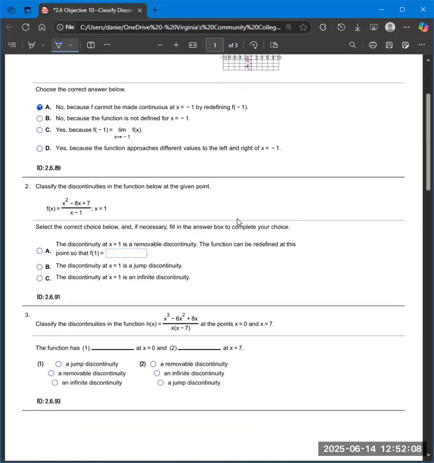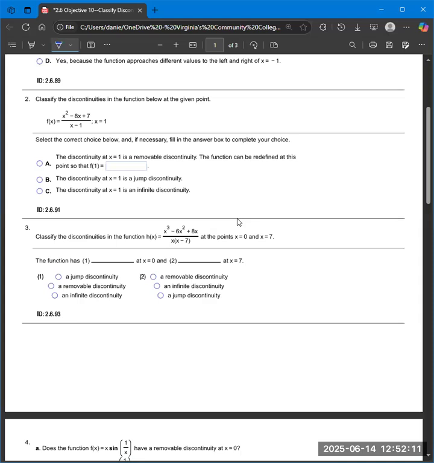Let's classify any discontinuities in the function below, given x squared minus 8x plus 7 over x minus 1, and we're interested in x equals 1. Let's factor that numerator if we can. So that's x minus 1 times x minus 7 over x minus 1, and x still cannot be equal to 1.